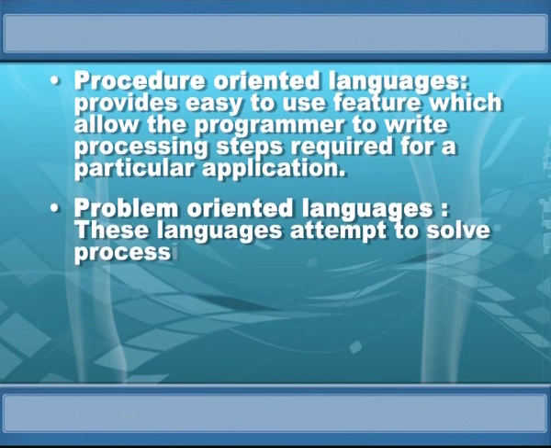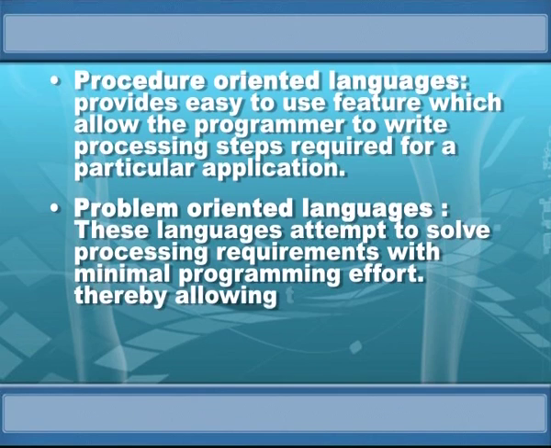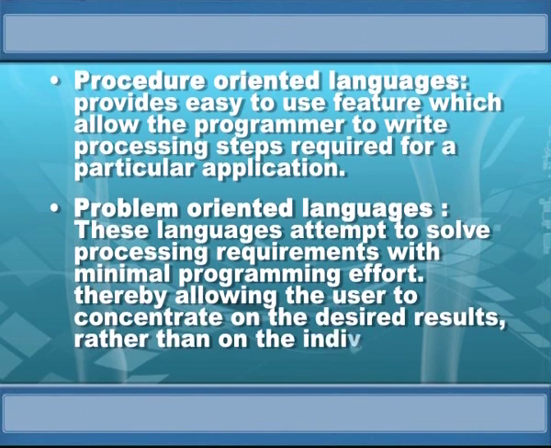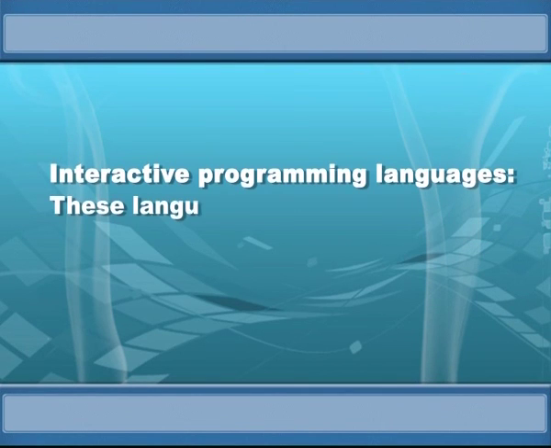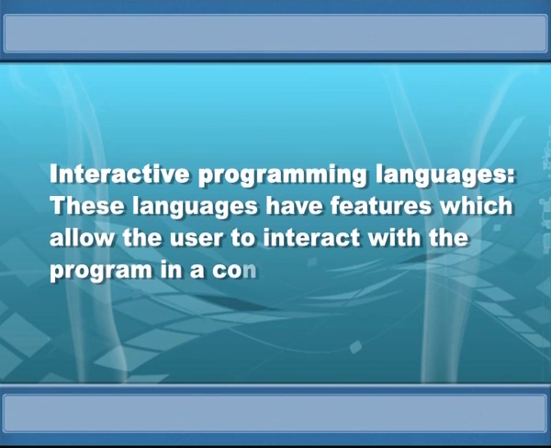These languages attempt to solve processing requirements with minimal programming effort, thereby allowing the user to concentrate on the desired results, rather than on the individual steps needed to get these results. Interactive programming languages. These languages have features which allow the user to interact with the program in a conversational fashion.